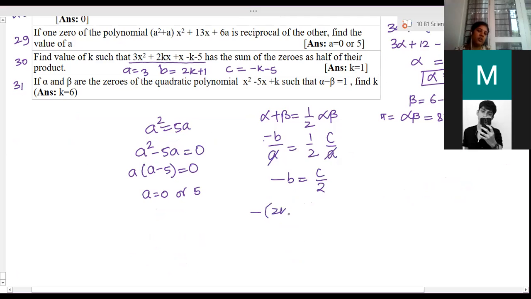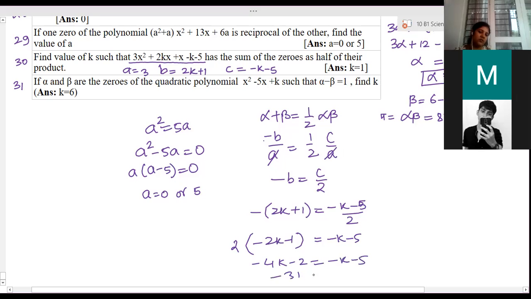Minus of 2k plus 1. C is minus k minus 5 by 2. So multiply here, minus 2k minus 1 is multiplied with 2 to get minus k minus 5. Minus 4k minus 2 is equal to minus k minus 5. So minus 3k is equal to minus 3. K is equal to 1.